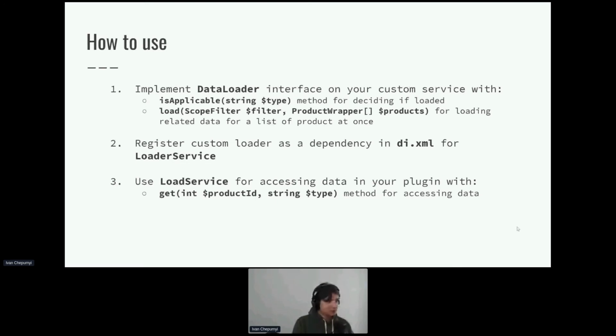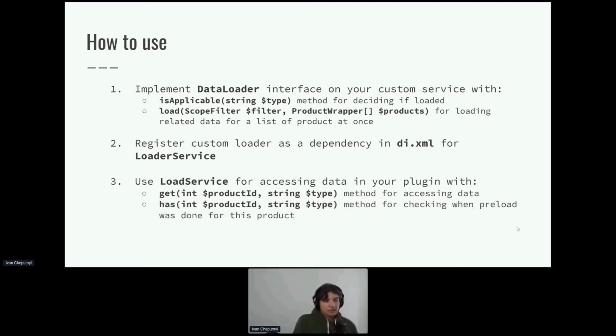So get methods where you can specify a product ID and the type of the data. The type of data is something that you define yourself, and it also has this product ID and type in order to check, hey, do we have data for this specific product with this specific type of data? Let's say my stock statuses or my prices, or whatever your data loader defines.